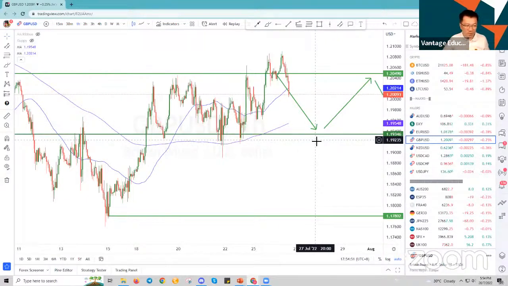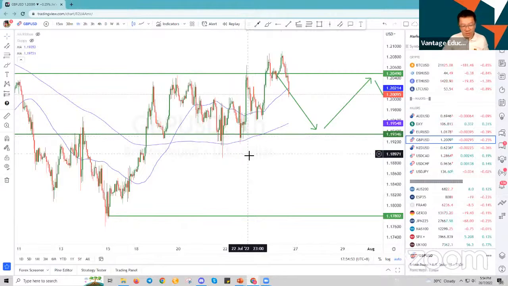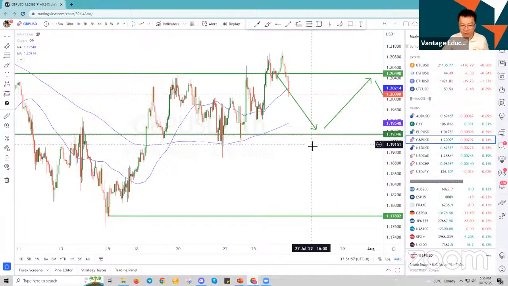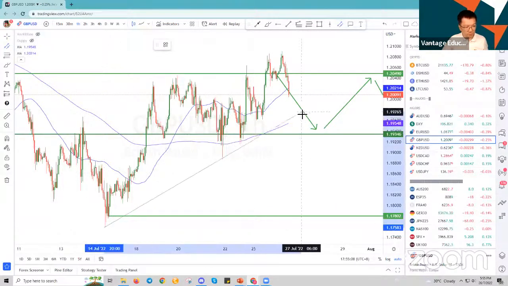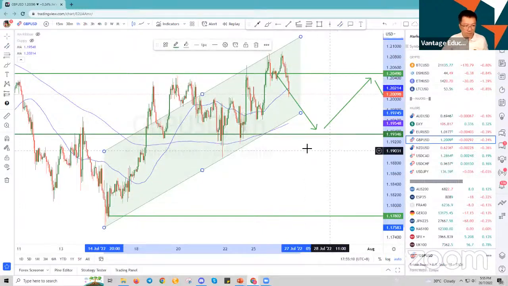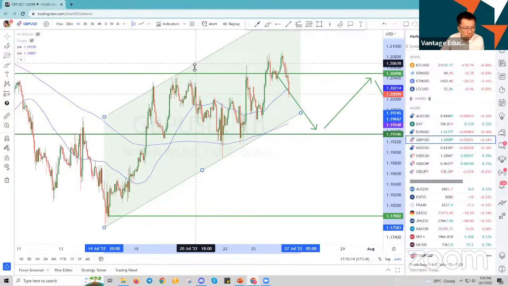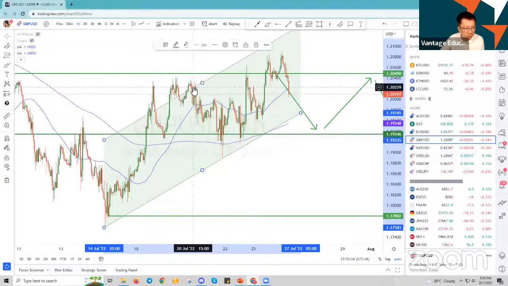But I have my support resistance lines in there as well. I'll look for price. The first move could be down towards the 1.1940 level. Further move towards the downside would have to break that support level, and also possibly that channel as well. So what you see here is my upper channel there, right?